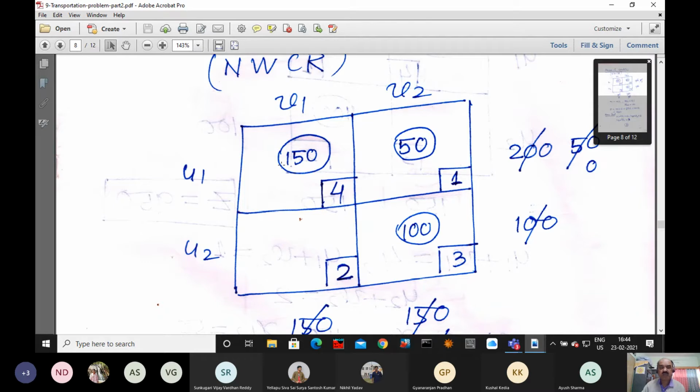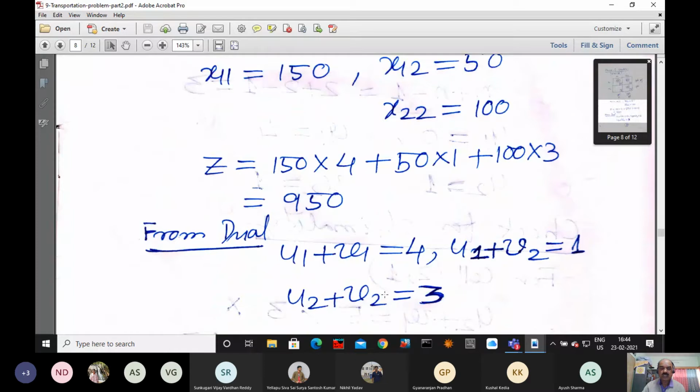So with respect to the first cell, we have u1 plus v1 equal to 4, because I have told you ui plus vj minus cij into xij equal to 0. So u1 plus v1 equal to 4 because x11 is non-zero. Is it all right?